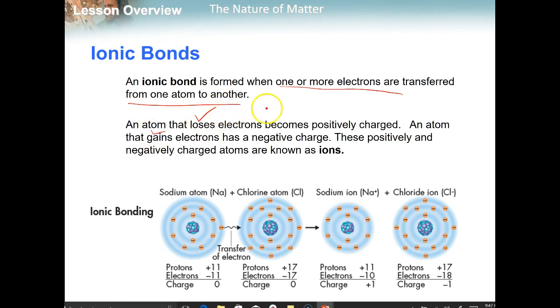Since electrons are negatively charged, when you lose something negative, the atom that loses the electron is going to become positive in its charge. And the one that gains the electron is going to become negative in its charge.